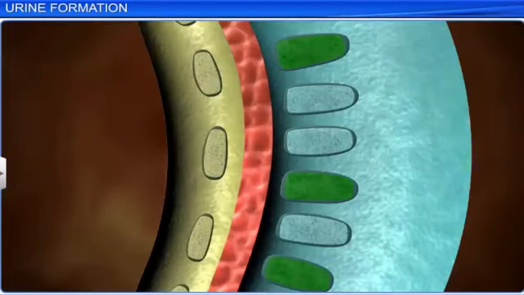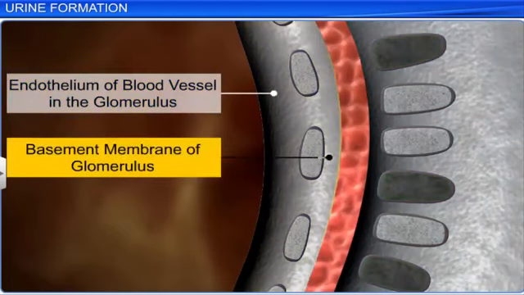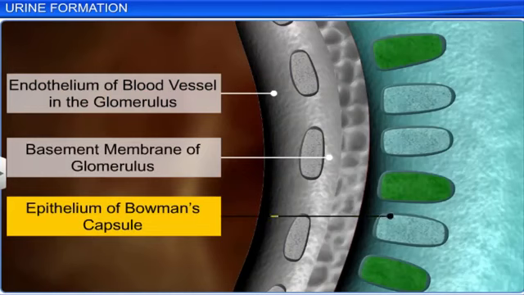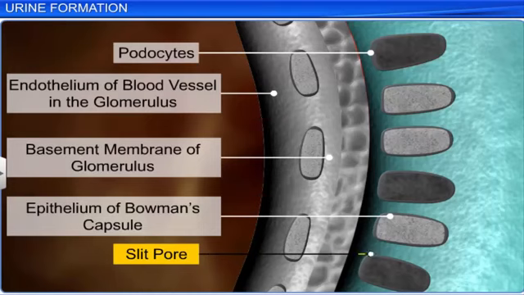The pressure of blood in the glomerular capillaries forces the blood to pass through 3 layers, namely the endothelium of the blood vessel or the capillary, the basement membrane of the glomerulus, and the epithelium of Bowman's capsule. The epithelial cells in Bowman's capsule, also known as podocytes, are intricately arranged, leaving a few minute openings called slit pores or filtration slits.